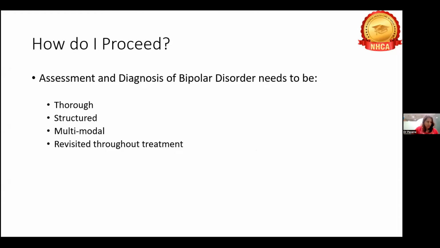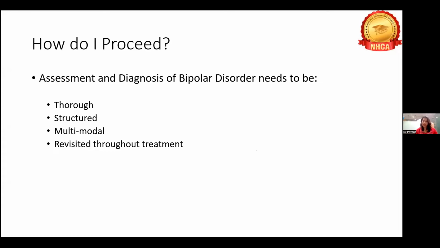Regarding how we proceed with these things, assessment and diagnosis of bipolar disorder is very much needed. One is a thorough assessment, which needs to be very structured. It needs to be multimodal and revisited throughout the treatment.